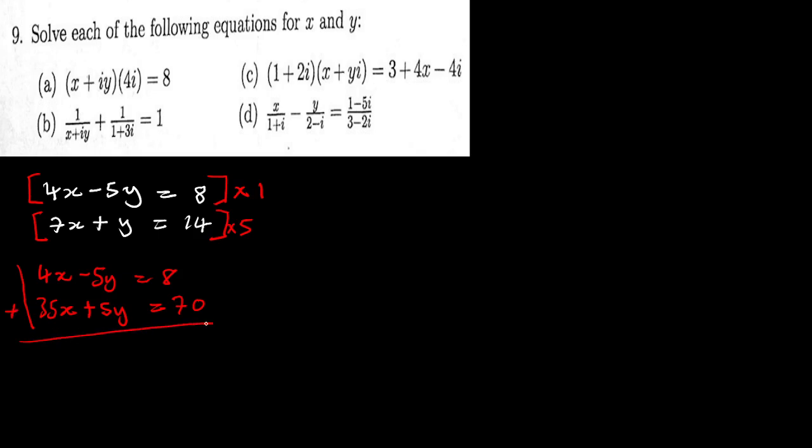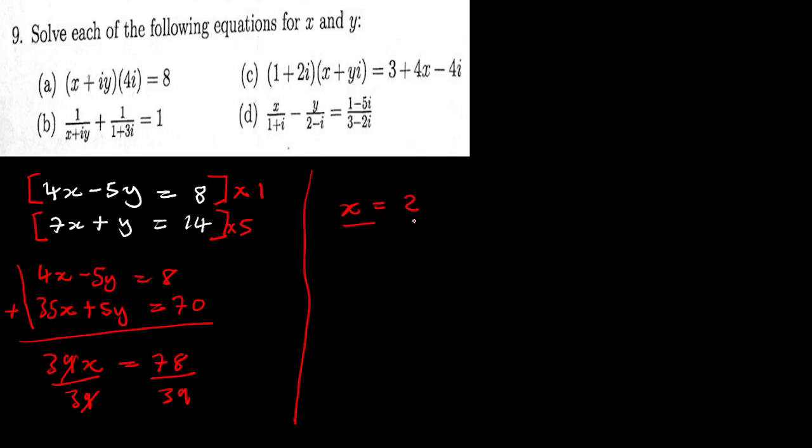Once I add, I have 35 plus 4, which is 39x, equal to 78. Dividing by 39, x is equal to 78 divided by 39, which is simply equal to 2. Wow, this is so perfect. I didn't expect it to give me a whole number.